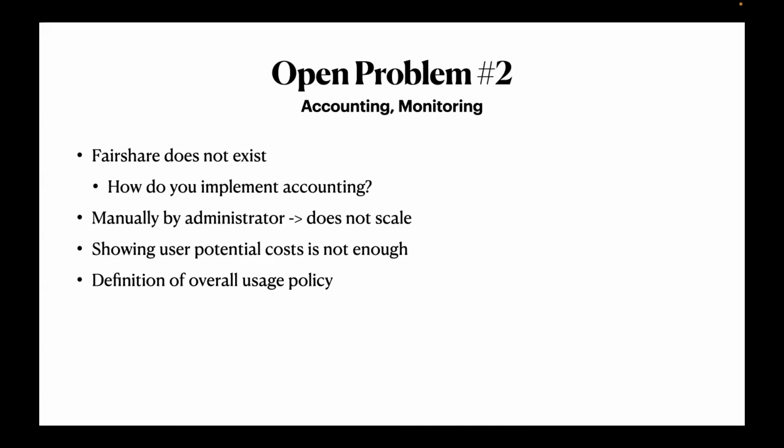Therefore, we think that an overall usage policy should be defined, and some form of virtual coins or lowering or increasing priorities based on resource usage should be created. But this is more specific to every organization, how it handles accounting. But we still think that there should be something that would motivate the users to do better.